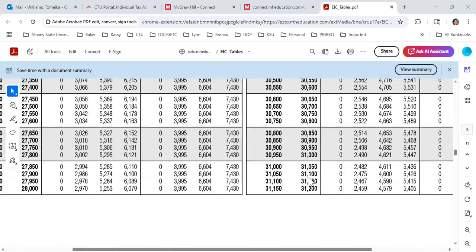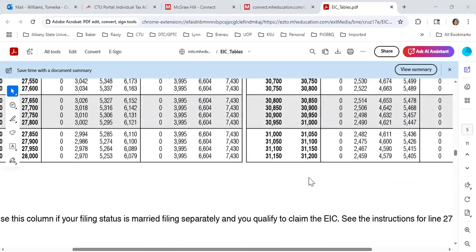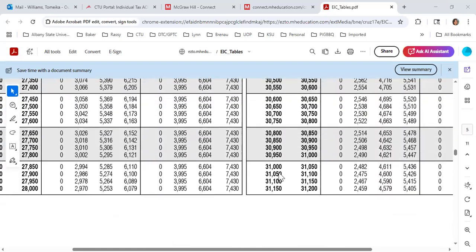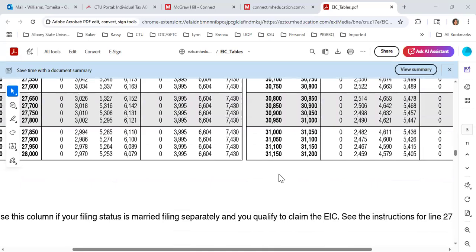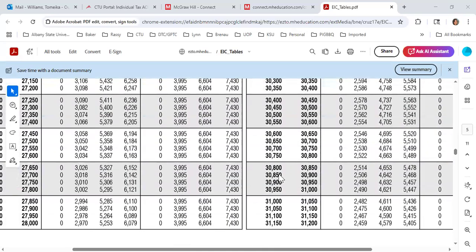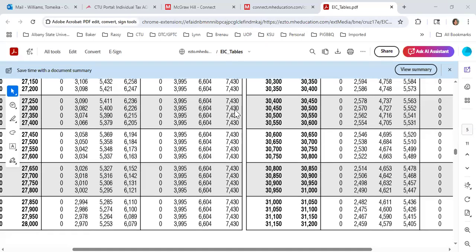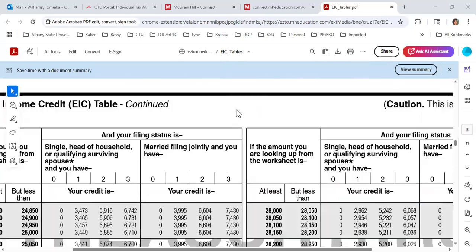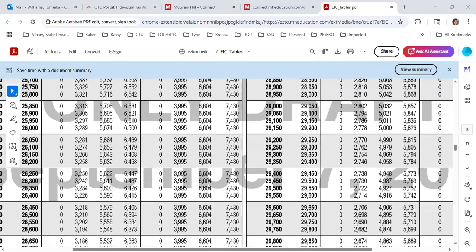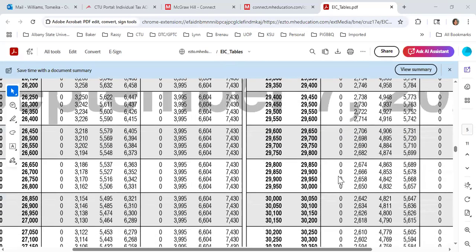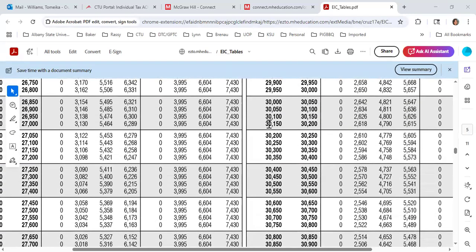All right. So we need to take the AGI, which is 30,116, and locate that here on the EIC table. And if you go down here to 30,000, it was 30,116.